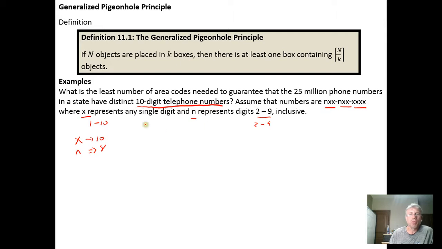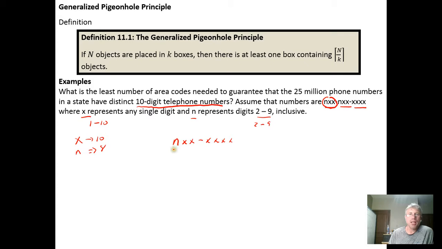And we want to know how many area codes we need in order to get distinct phone numbers for all 25 million phone numbers. So what you do is you say, if I don't have an area code, if I just have the NXX, XXXX, how many numbers can I generate?